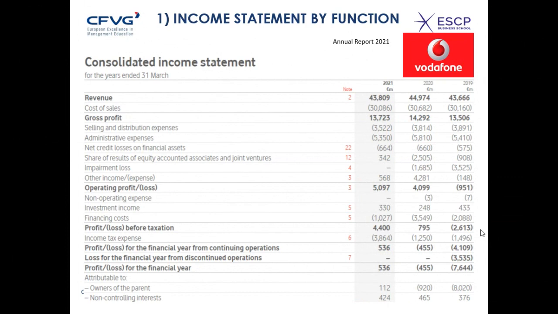So you saw that Air France uses a presentation by nature. Well, yes, because Air France is in the service industry. Usually companies of the service industry, they present the income statement by nature. That means consulting business, entertainment business, hotel business, airline business, transportation services, etc. Usually they will be by nature.